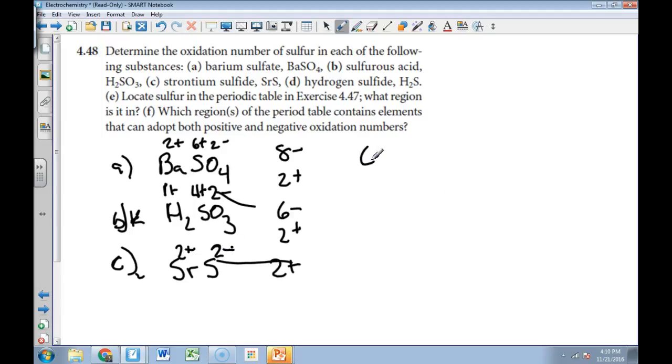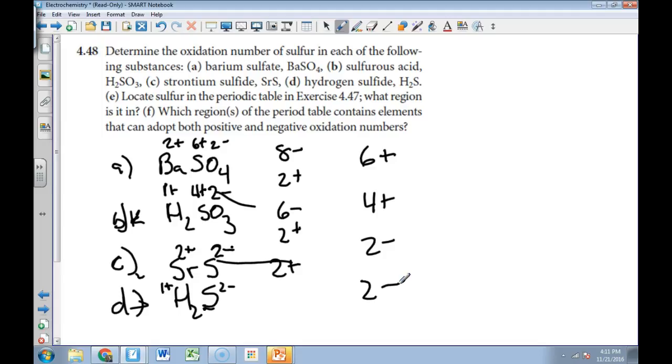So we've done this where sulfur is 6+, 4+, and 2-. Now let's go into D. D is H2S, and again, hydrogen is going to have a 1+ charge, and then this is going to be a 2- charge, so this is 2-.